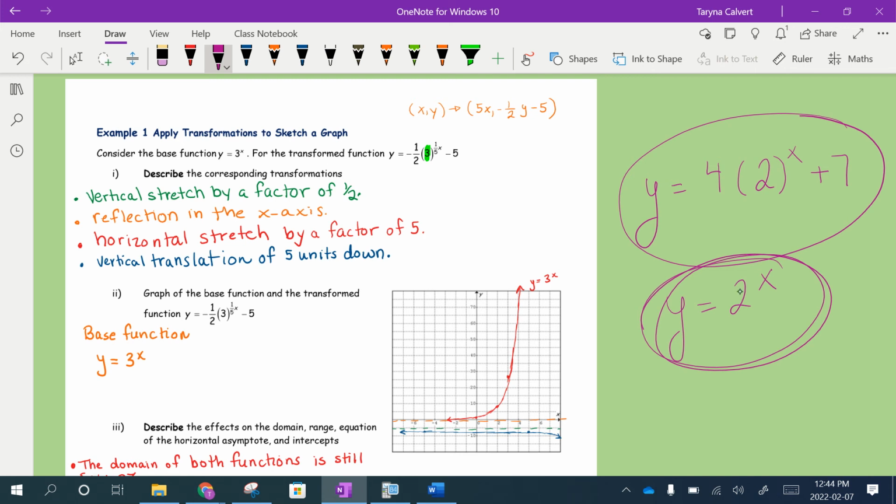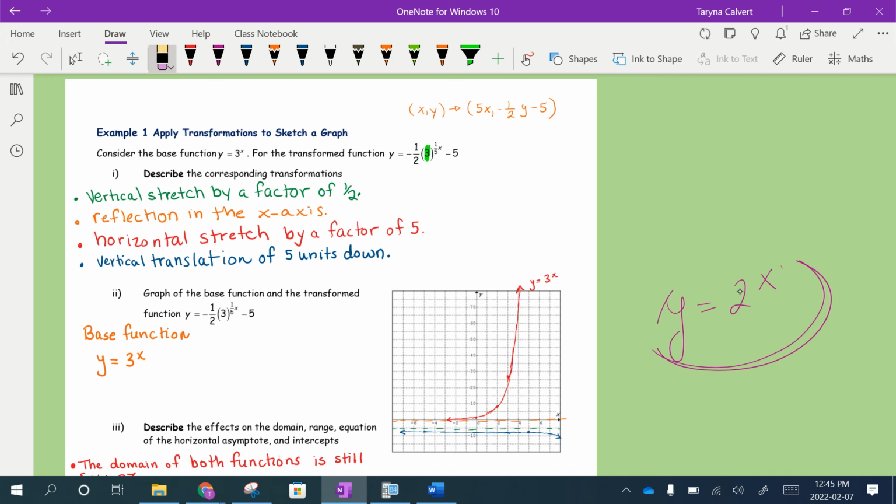So this vertical stretch by a factor of 4 does not move the asymptote, but plus 7 moves it up 7. So this would have a horizontal asymptote at y equals 7. And then your graph would go around that, because remember, your horizontal asymptote is where the graph approaches, okay? And in 30-1, we're not going to touch the horizontal asymptote and go and approach it on the other side. We're going to approach it on the same side that the graph came from.